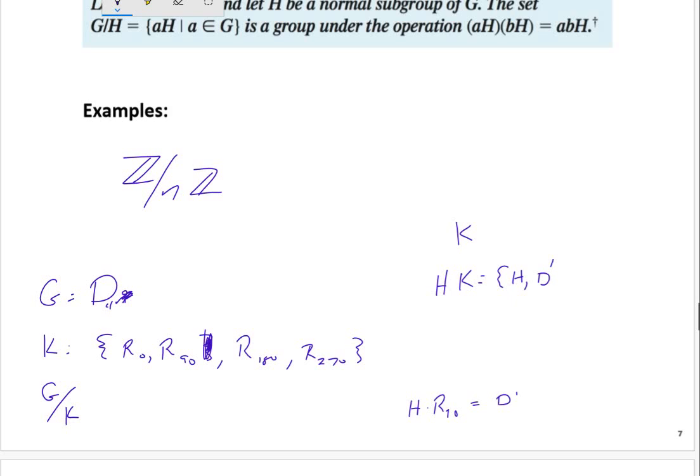Now, we know it's non-commutative, so before I move on to yet other ones, what happens if we do R90 composed with H?